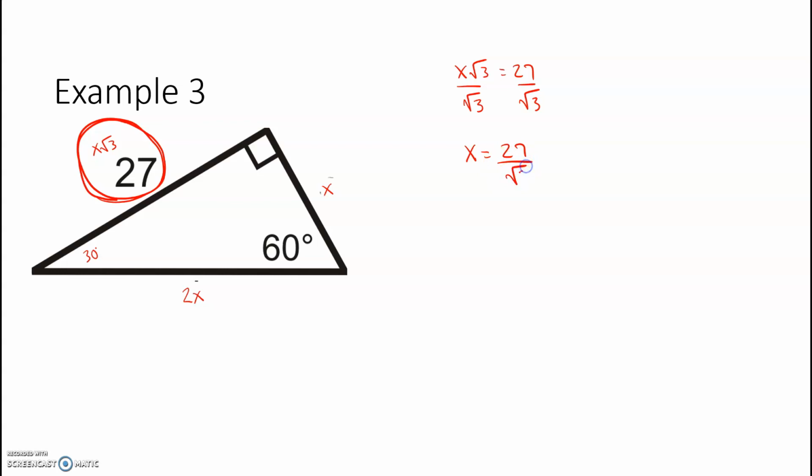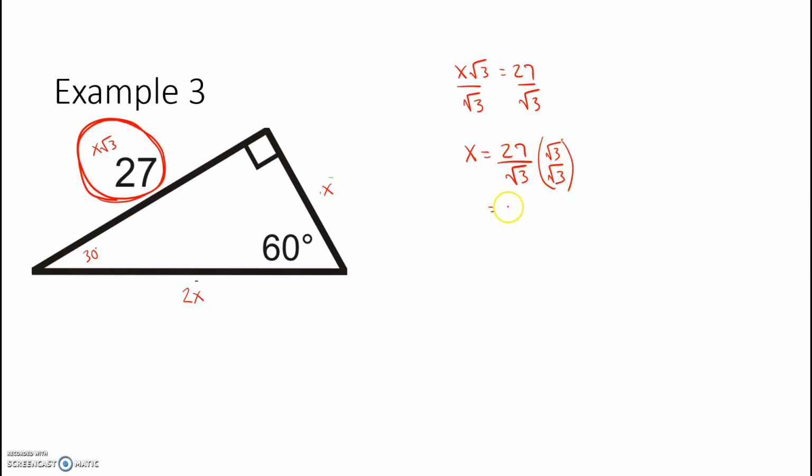And again, if I could stop here, this wouldn't be such a bad problem. But unfortunately, you do have to rationalize. You cannot have a square root in the denominator. So remember, to get rid of that square root, we multiply it by itself. But we have to do it to the top and the bottom. So rationalize that denominator.